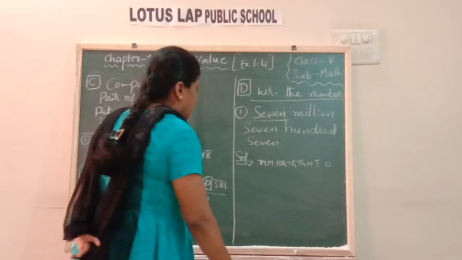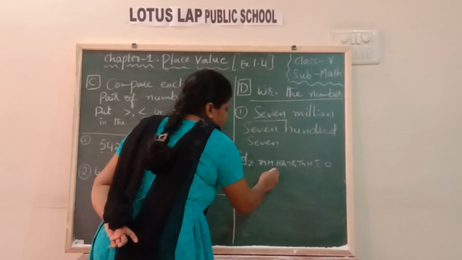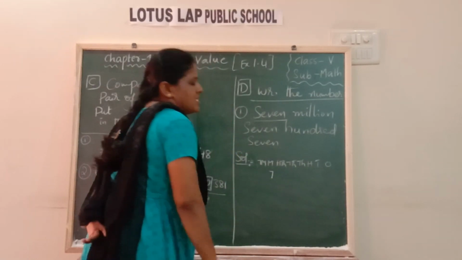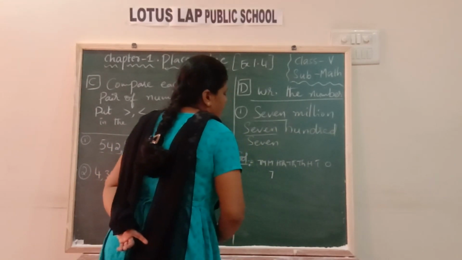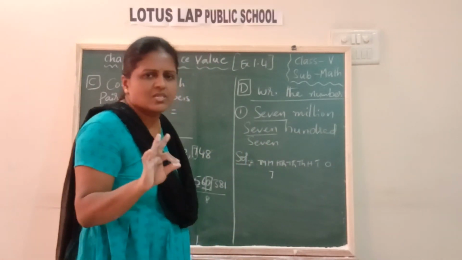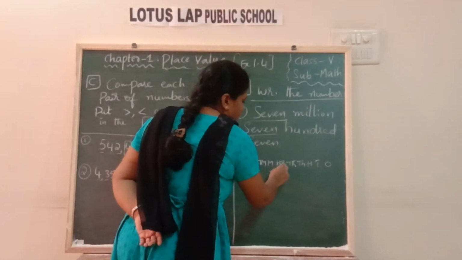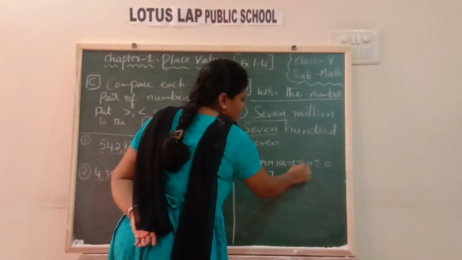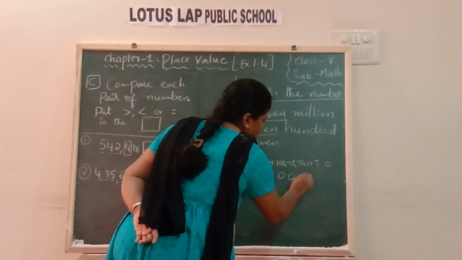So here under the millions place you have 7, only a single digit. 7 million. Next, 700. Okay, there are no thousands here, children. There are no thousands, but under the thousands period I have 3 places: hundred thousands, ten thousands and thousands. So, no thousands, so keep zeros in those 3 places.